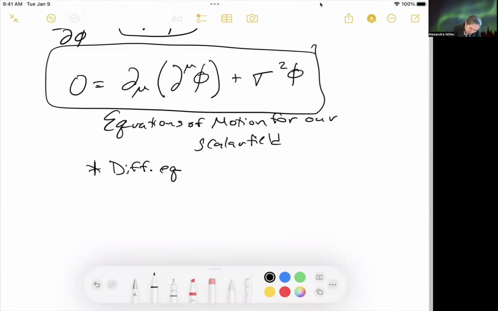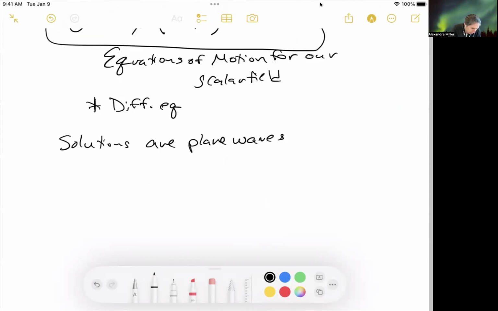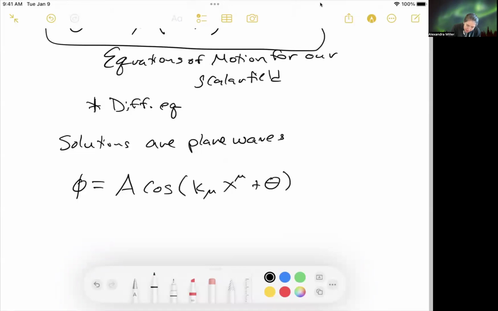And the solutions are just our plane waves. So you can check for yourself that the solution can be written as A, where A is some integration constant. Ultimately, it's the amplitude of our waves, cosine, and then some set of constants plus some phase.